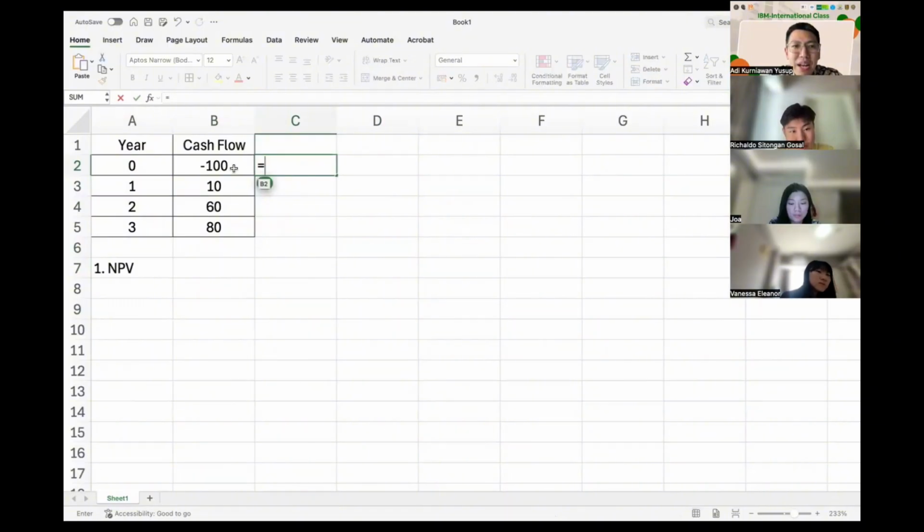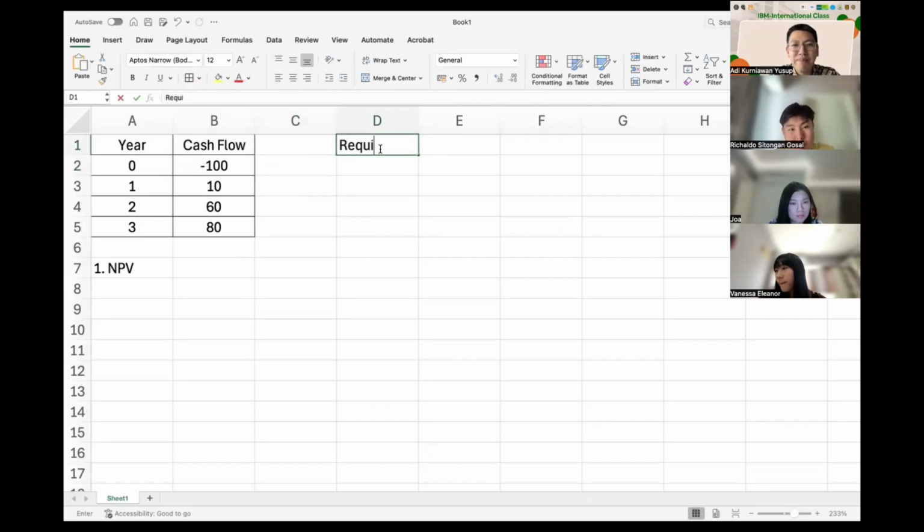How is the way? Simply, cash flow divided by 1 plus R to the power of year, like this. But we have to input the R first. What is the R, the required return? Previously, it is known it will be 10%.